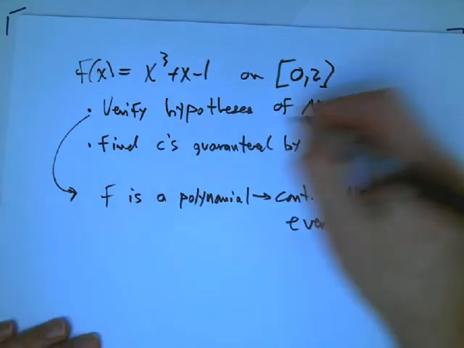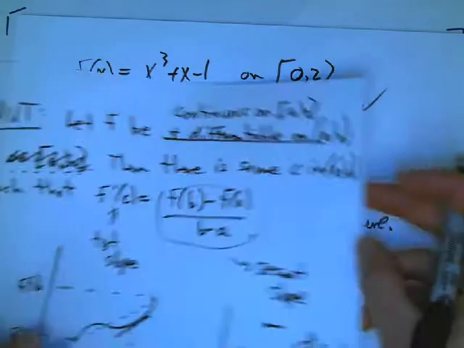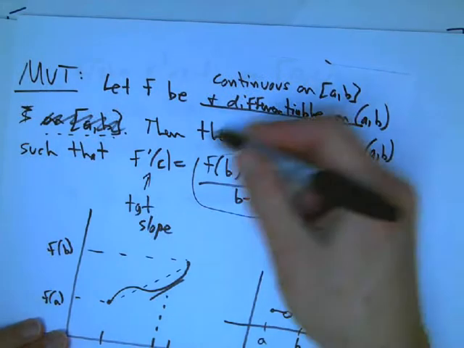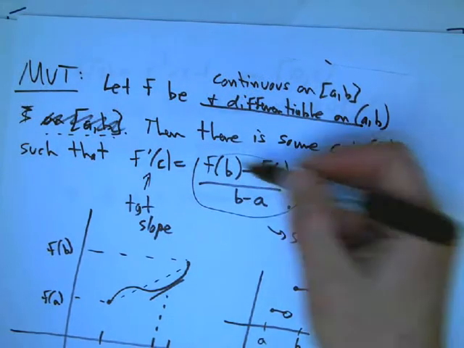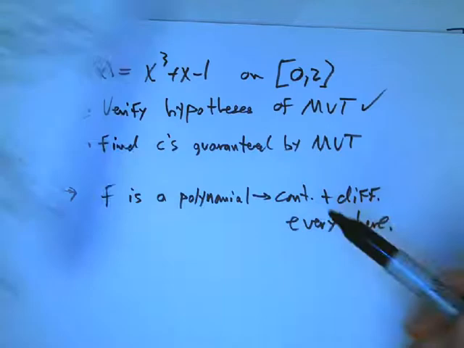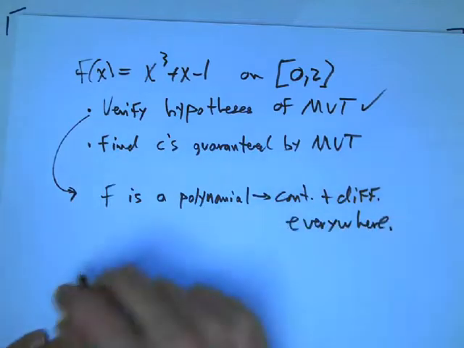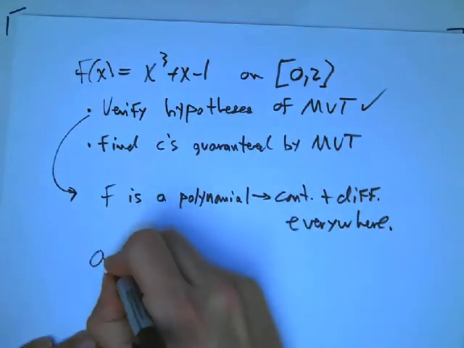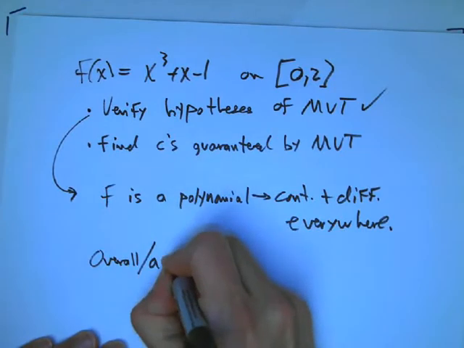The hypotheses are satisfied. So let's see what MVT says. MVT really is a two-step process. It says calculate the secant slope over the whole interval, the average rate of change over the whole interval. And then it tells you what the magic slope is. Before that, you don't even know what the theorem is going to guarantee you.